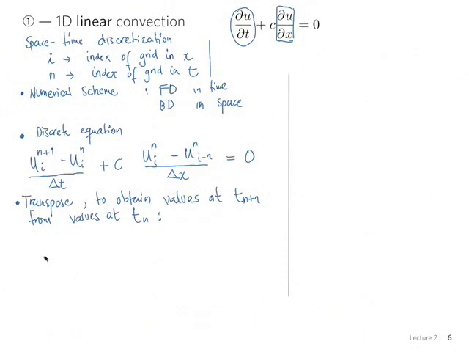We just write u_i^(n+1), and I can just move everything to the other side. It's going to be equal to u_i^n plus c, and I've multiplied over by delta t to isolate this, so c times delta t divided by delta x, times u_i^n minus u_(i-1)^n. So you see, we have now everything.